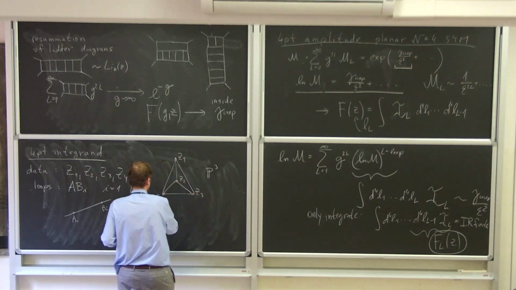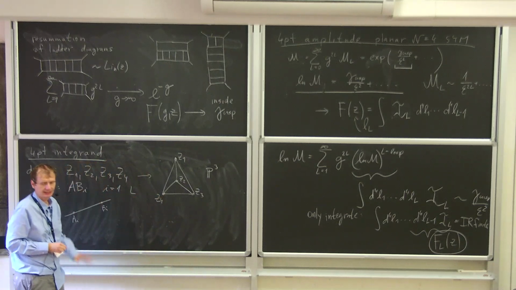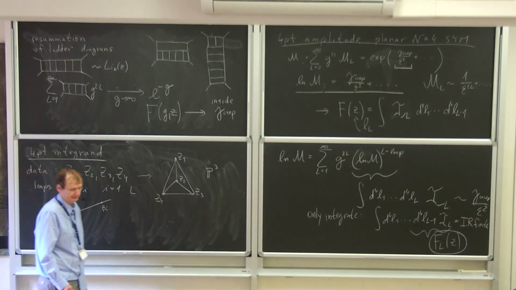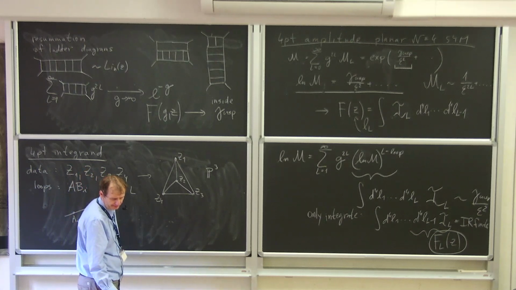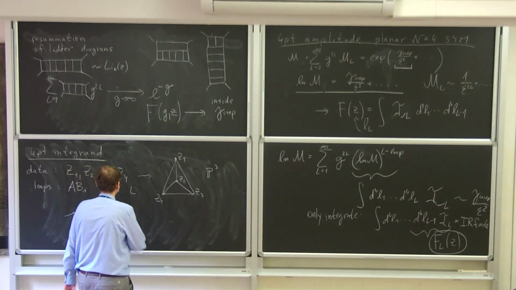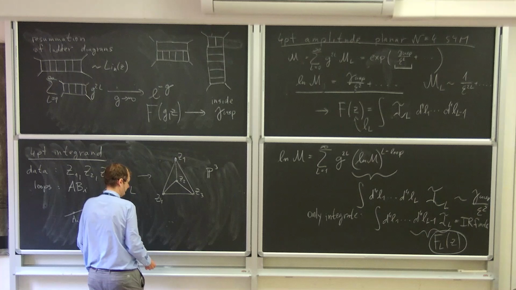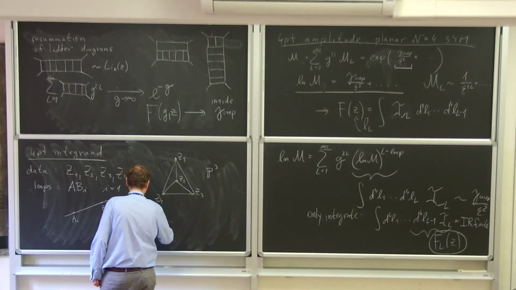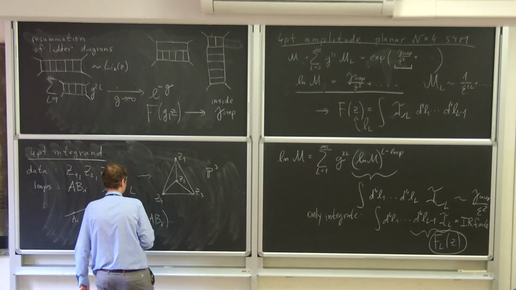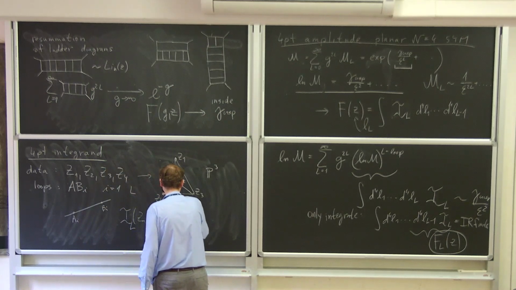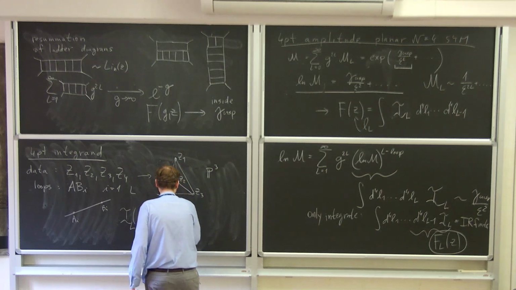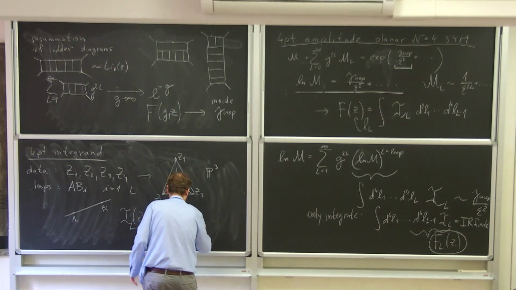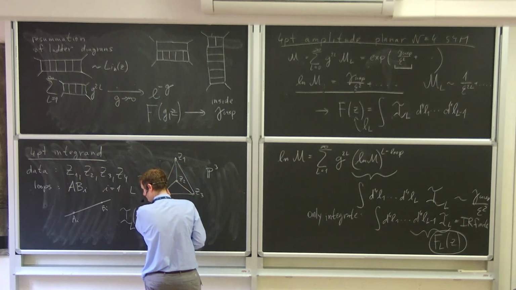Because it's 4-point, there is no restriction on these z's. They can actually be fixed to be just unit vectors in projective space. Now the integrand is a function of these variables. It's projective. So the integrand depends on these Z_i's and AB_i's at L loops, and it is projective, so if we rescale the z's or the AB's, it has zero weight.